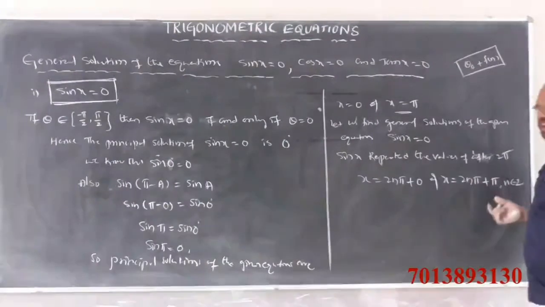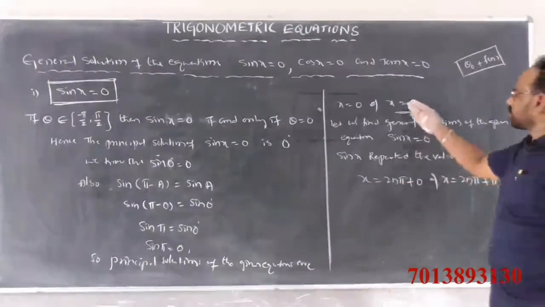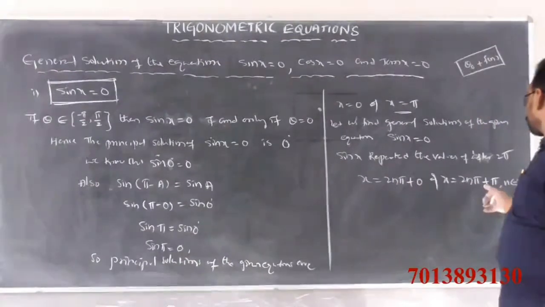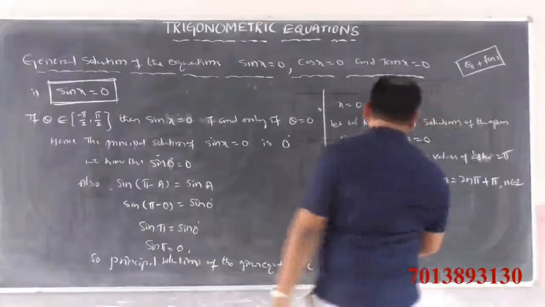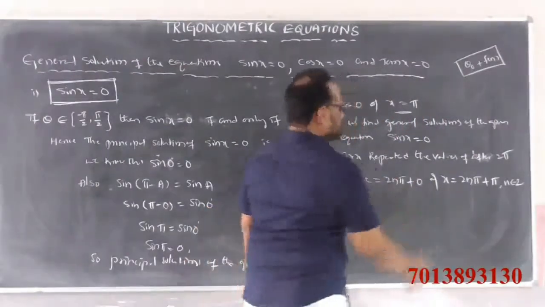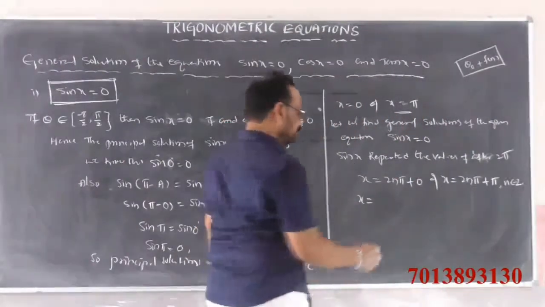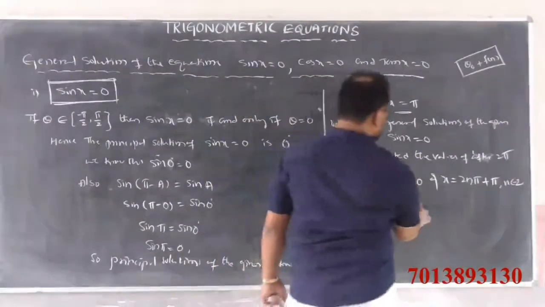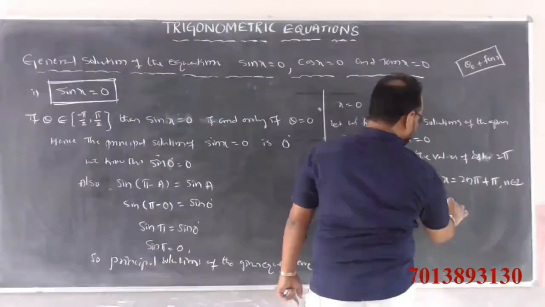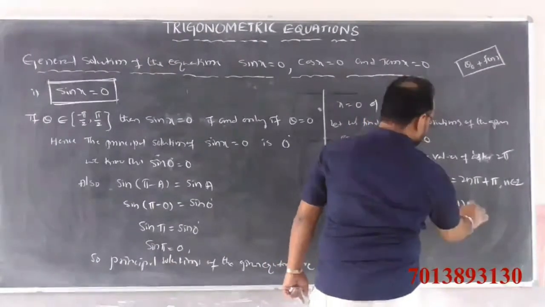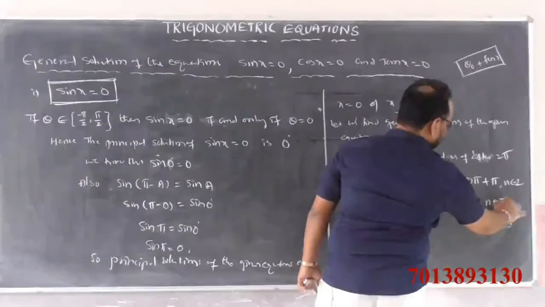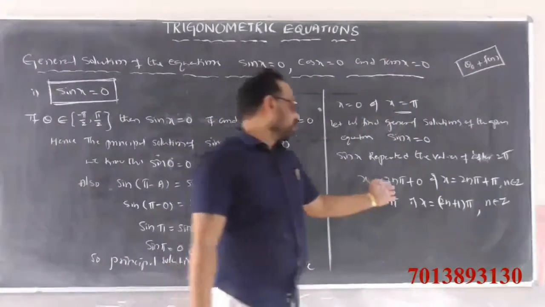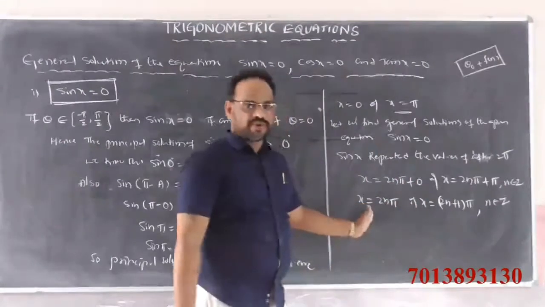Here n is any integer. This can be expressed in the form x equals 2nπ plus 0, or x equals 2nπ plus π. Observe that 2nπ plus 0 is nothing but 2nπ only.